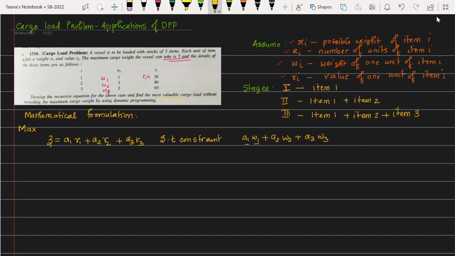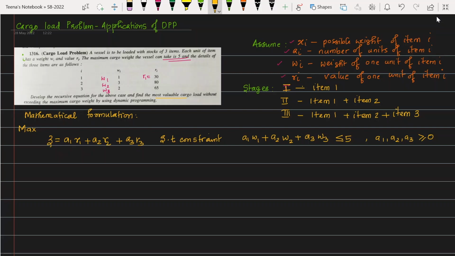Similarly, total possible weight of item 2 is A2 W2, and total possible weight of item 3 is A3 W3. And we know that the total possible cargo load on this vessel is 5. So the maximum value is 5. And since A1, A2, A3 refer to the number of units, all these A1, A2, A3 are greater than or equal to 0. So we formulated the cargo loading problem in a mathematical way.